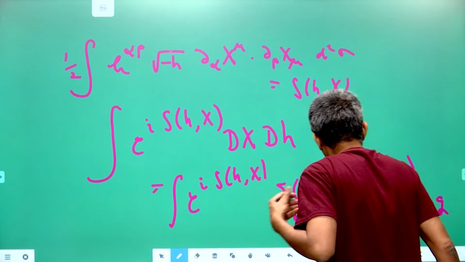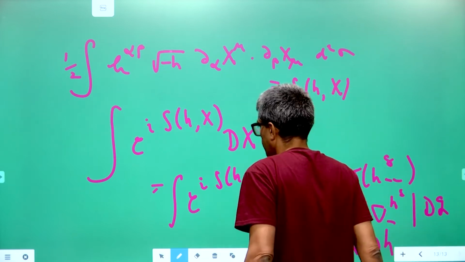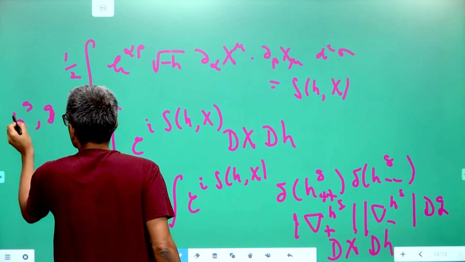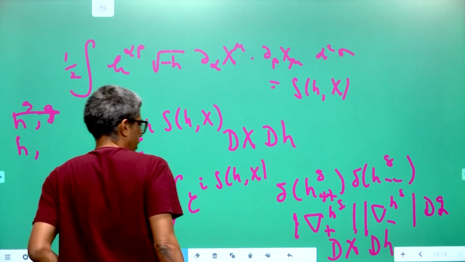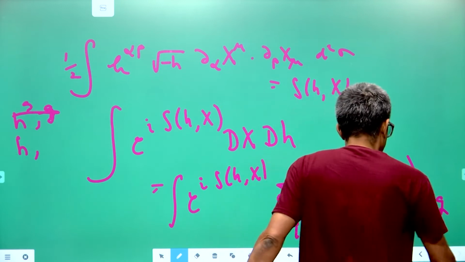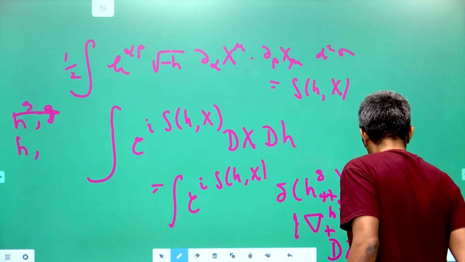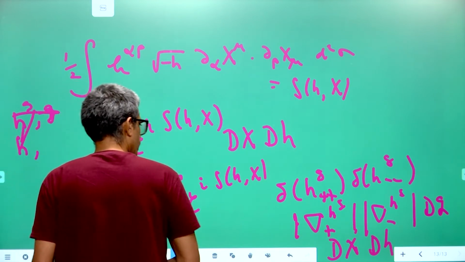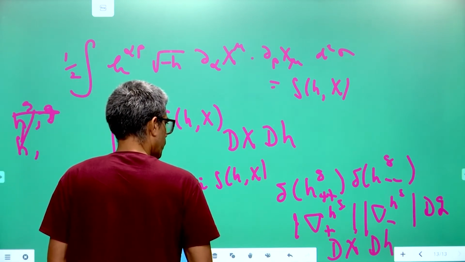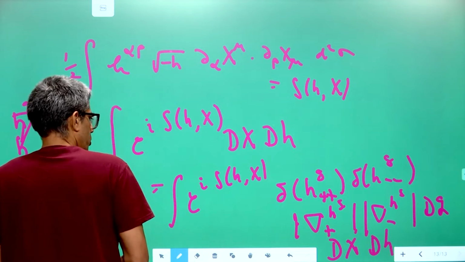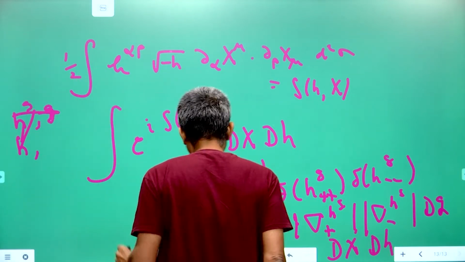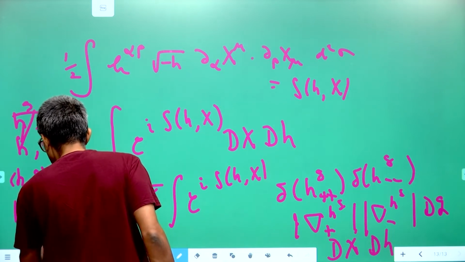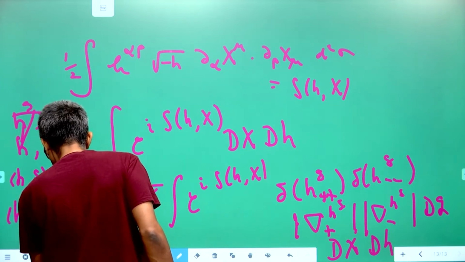Now I make a change of variables. Instead of using h and g as the integration variables, I use h^g and g. I call h^g as h dash.